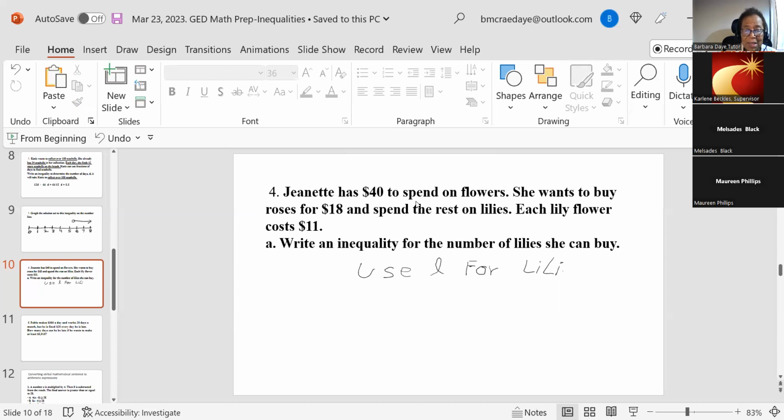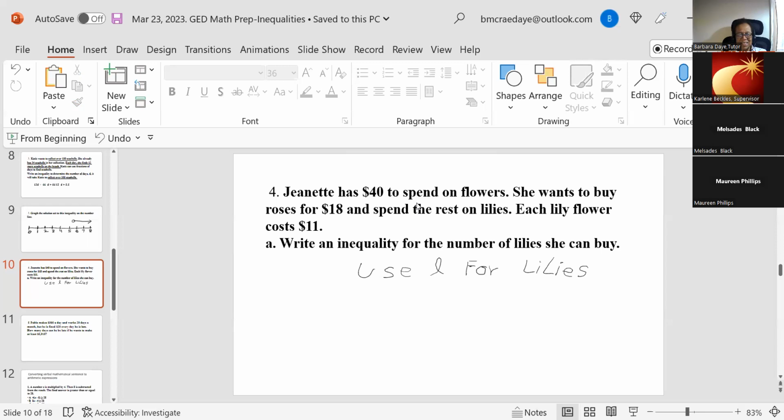tell me the inequality. Use L only, for lilies. You could only buy two lilies, but you didn't tell me the inequality. Write an inequality for the number of lilies she can buy.